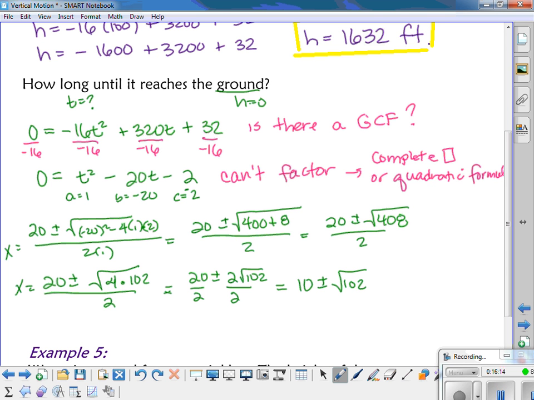Now, about what is the square root of 102? It's going to be really close to what? 10, right? But it's going to be a little bit more than 10. So if I do 10 minus a little bit more than 10, that's going to be negative. So we're going to throw out the negative answer because we can't go back in time.